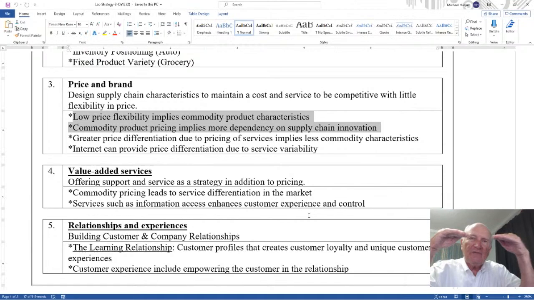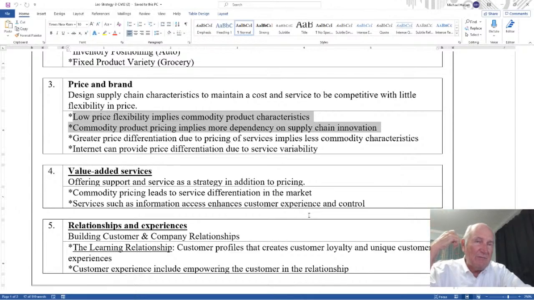The quality of the commodity is not dependent on the source, and the price is the driving factor. In other words, when you buy electricity, no matter where the electricity comes from, electricity is electricity. You don't have good electricity and bad electricity, it's electricity. So electricity is a commodity.